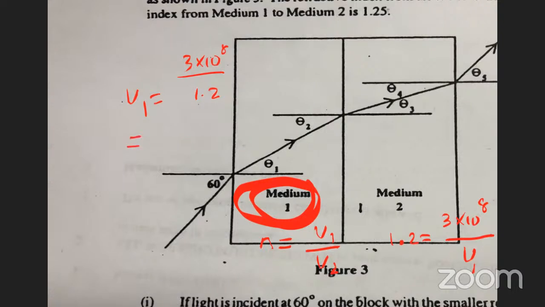Yes, that's what I'm saying. Right, that's good. 2.5 by 10 to the 8. All right, let's go again.